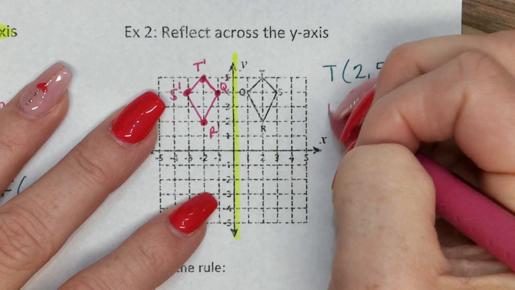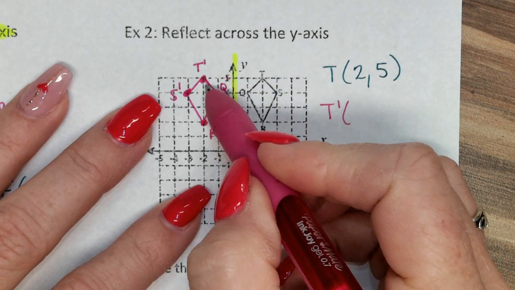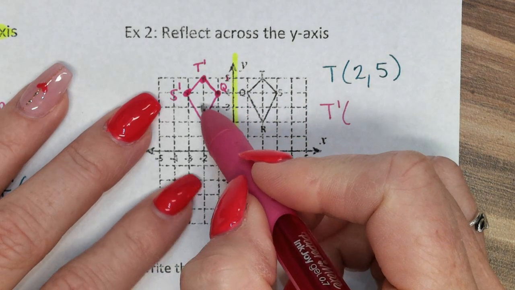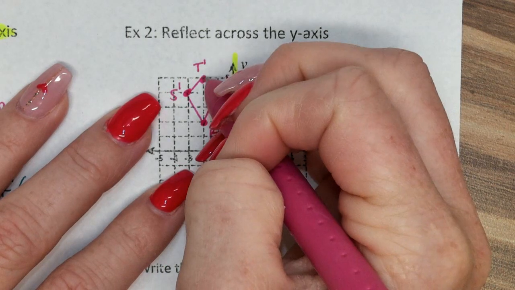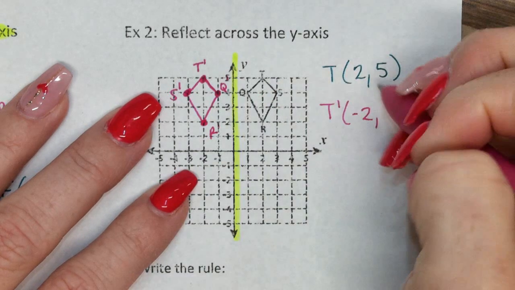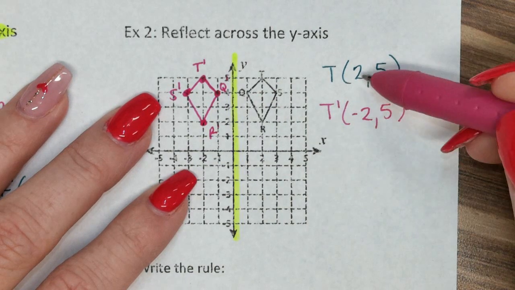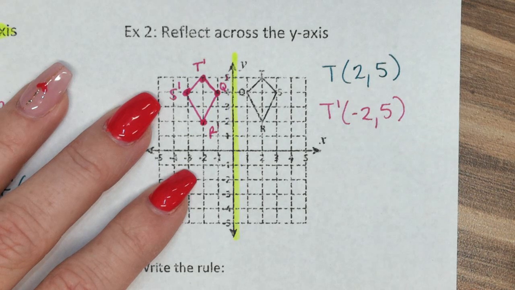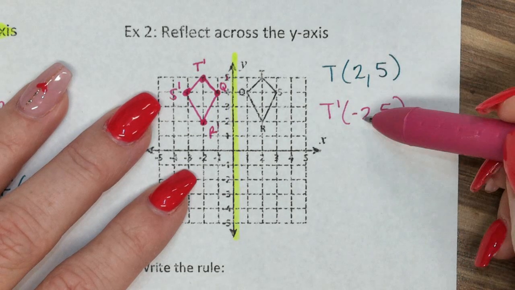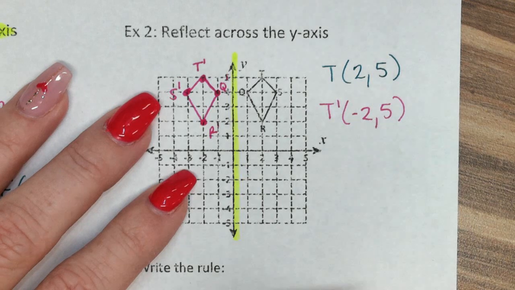Now let's look at the new T. Okay, what is the x value of the new T? Negative 2. What is the y value of the new T? 5. What happened? What stayed the same? The y stayed the same. The x became opposite.